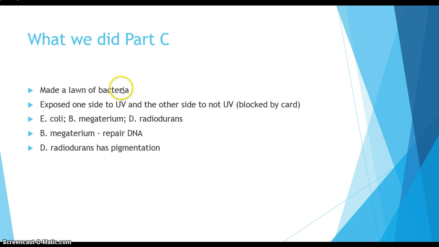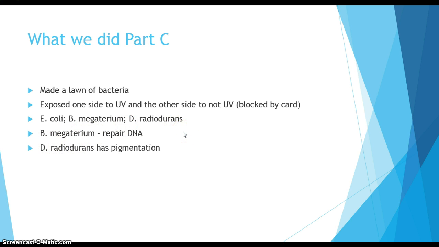So what you did was you made a lawn of bacteria. So you took a plate and you just streaked all over it. And then we took an index card and we blocked one side of it, and then we left the other side exposed to UV. There were 3 different bacteria: E. coli, Bacillus megaterium, and Deinococcus radiodurans.